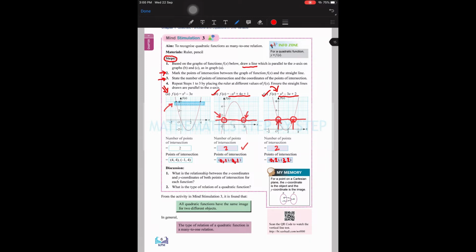So let us recall what we have learned. So here is the object, here is the image, okay? So the objects 0 and 3, then the image is 2, okay? Okay, so it is clear that it is a many-to-one relation, okay?